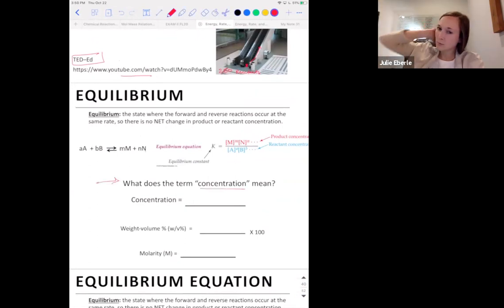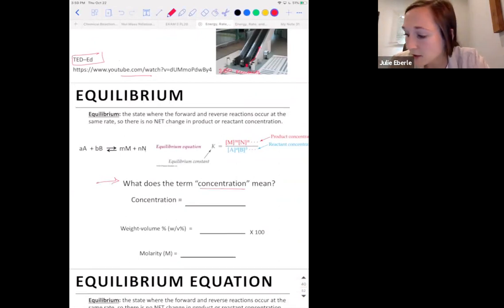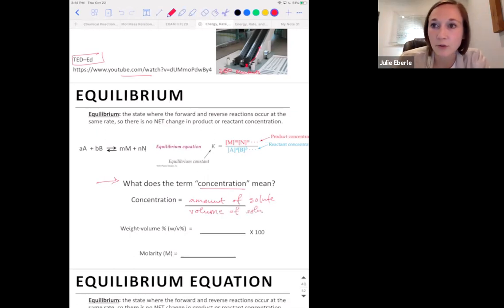What does concentration mean? Well, there are multiple ways we can communicate and measure concentration, but all it essentially is, is an amount of, I'm going to use this word we've not used before, solute, per a volume of solution.